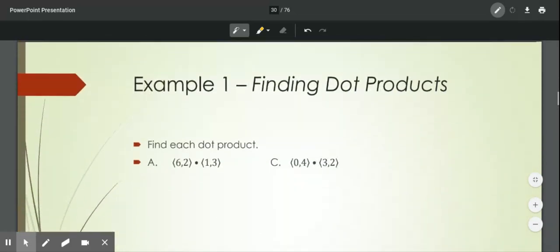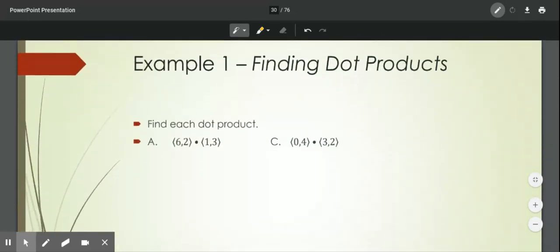So let's just practice finding the dot products. And remember, if we're finding the dot products of U dot V, your formula is on your formula sheet. We do U1 times V1 plus U2 times V2, where the U1 and the V1 and the U2 and the V2 are components of your vectors.